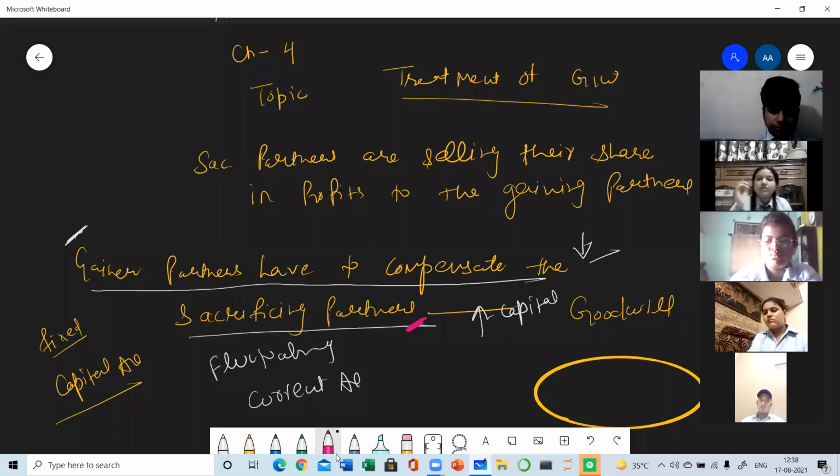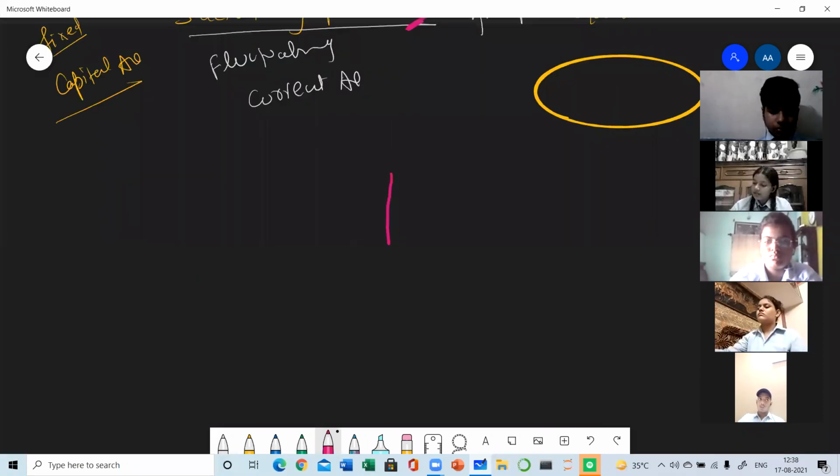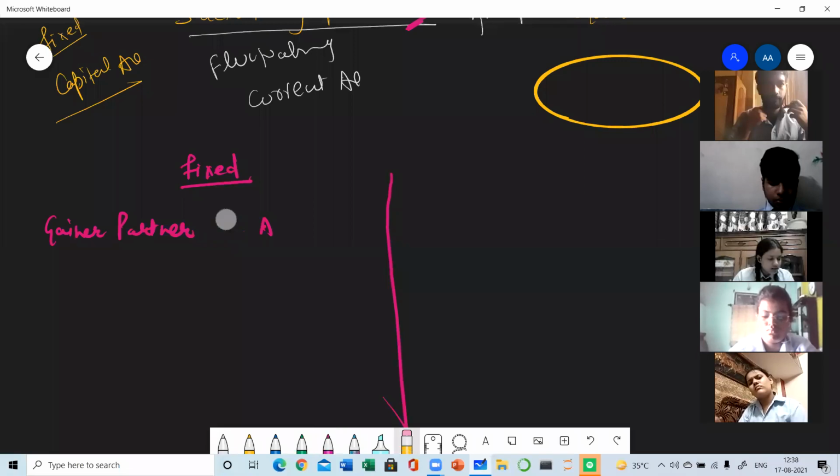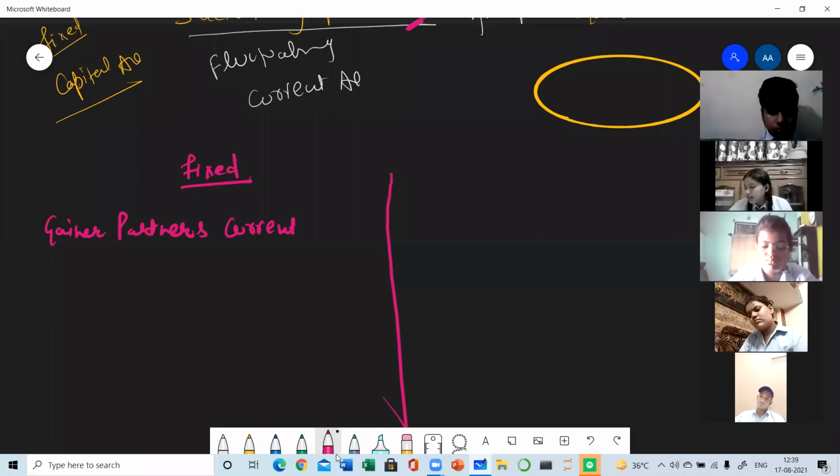You can write down the journal entry. When the capitals are fixed, the accounting treatment for goodwill in case of change in PSR is: gainer partner or partners' current account debit to sacrificing partners' current account, as whenever the capitals are fixed, all entries are passed through current account.